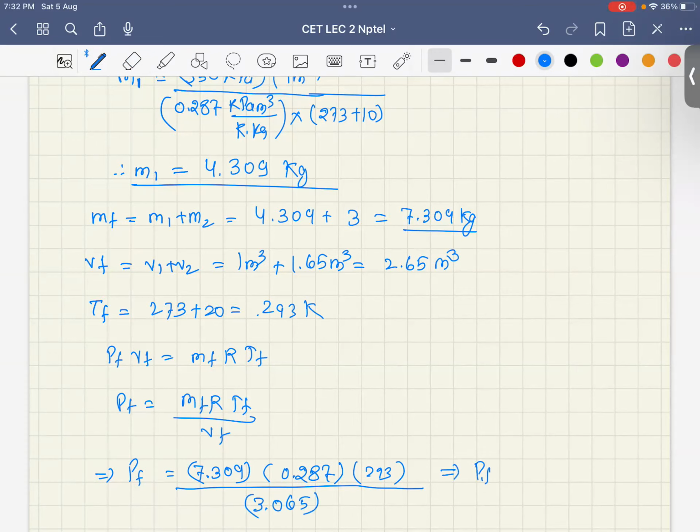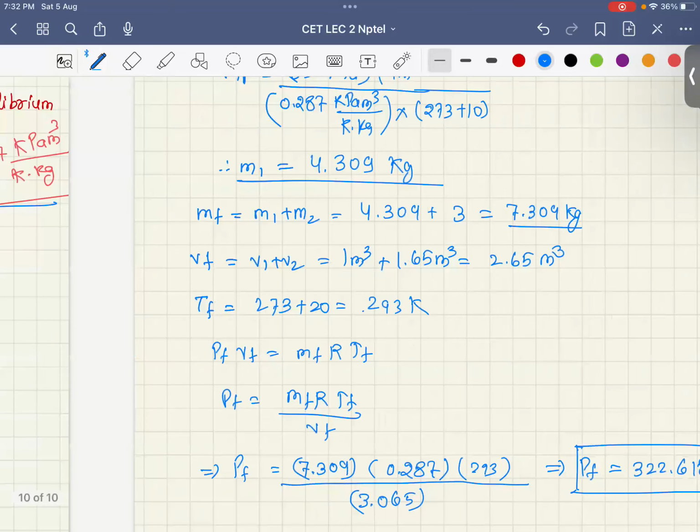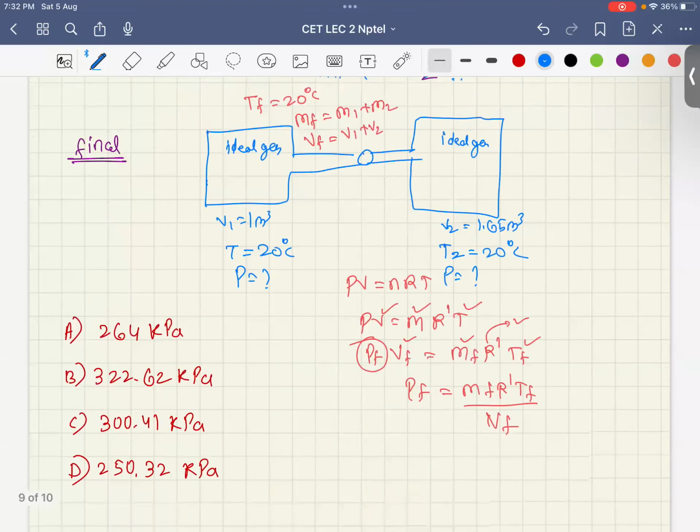Which corresponds to PF being 322.618 kilopascal. This is nothing but option D, I think.